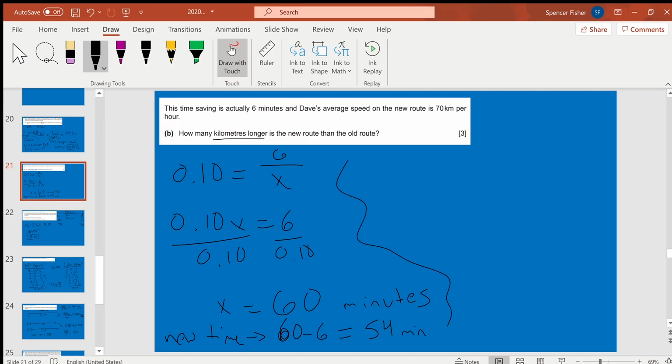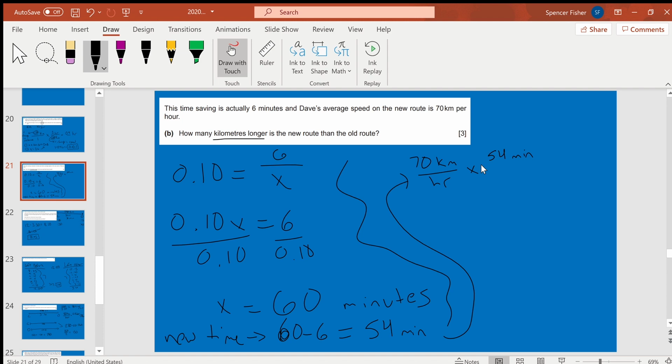Okay, so we're going to take this up here now. His average speed is 70 kilometers per hour, and he will have driven for 54 minutes. Now the issue here is this is in minutes, this is in hours. These aren't going to cross off to give us a new kilometer value.